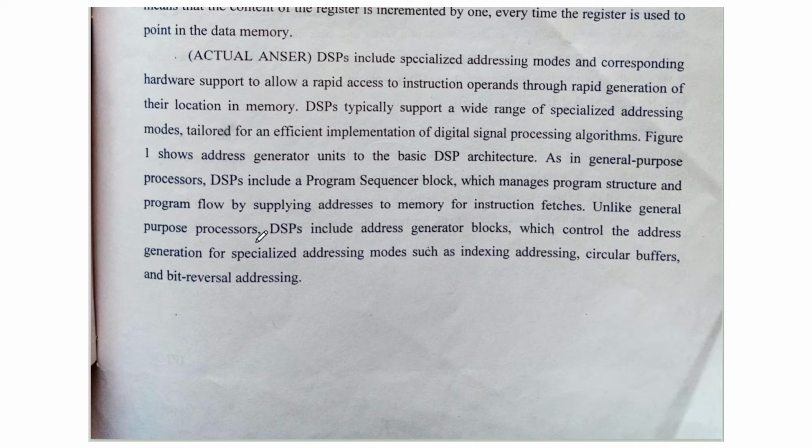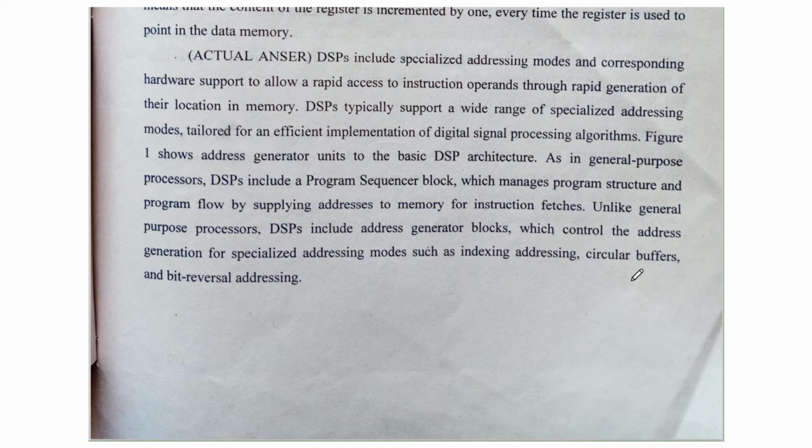Unlike a general purpose processor, DSP includes address generator blocks which control the address generation for specialized addressing modes such as indexing addressing mode, circular buffers, and bit reversal addressing. Basically this bit reversal is used for the FFT. Circular buffers are used with the indexing addressing.